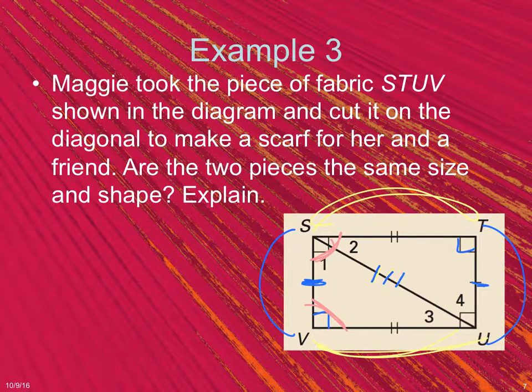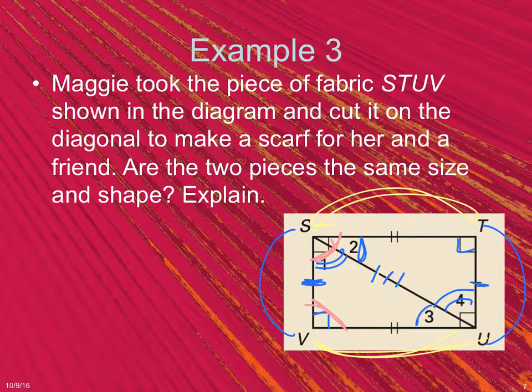They're supplementary. What's the special angle name? Same side interior. If same side interior are supplementary, are the lines parallel? Yes. So either way you look at it, these lines are now parallel, okay? And if these lines are parallel, then 2 is congruent to 3, and 1 is congruent to 4.